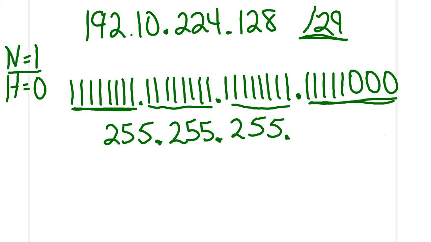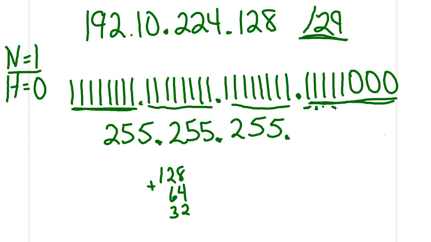And so my first bit right here, that is the place value of 128. So I'm going to put 128, and to that I'm going to add the next place value. That next place value is 64. And then I have the next place value, and that place value is 32.